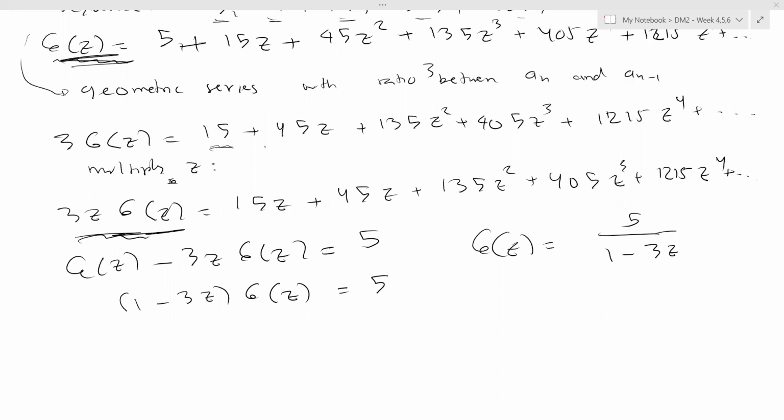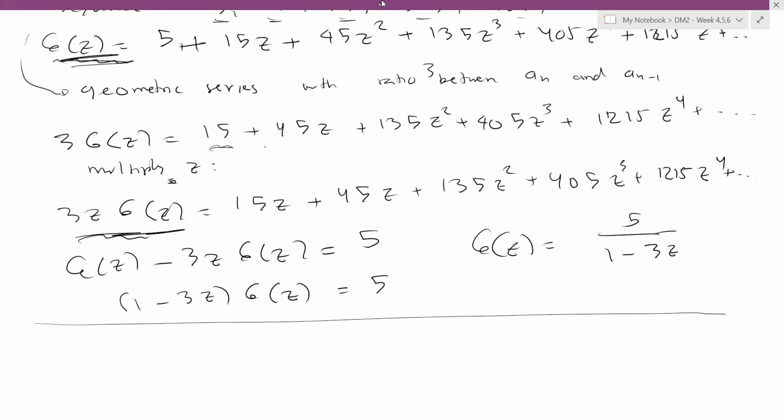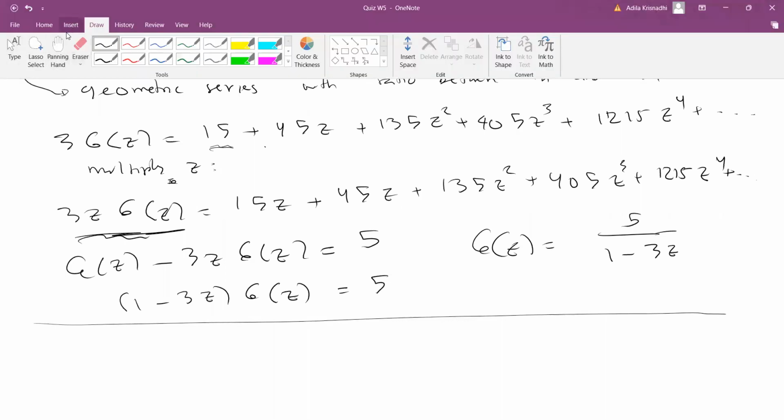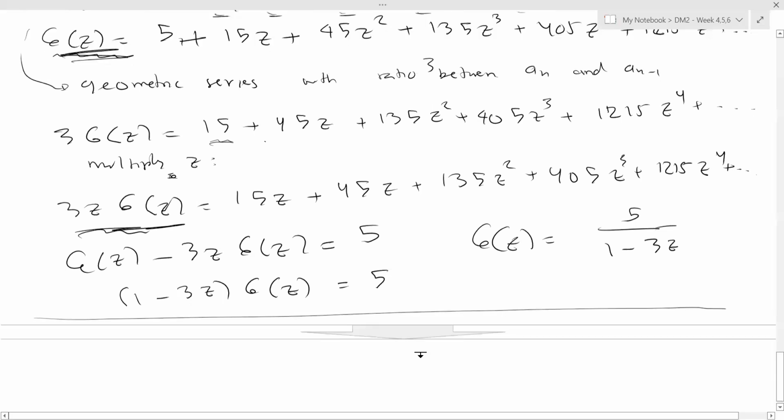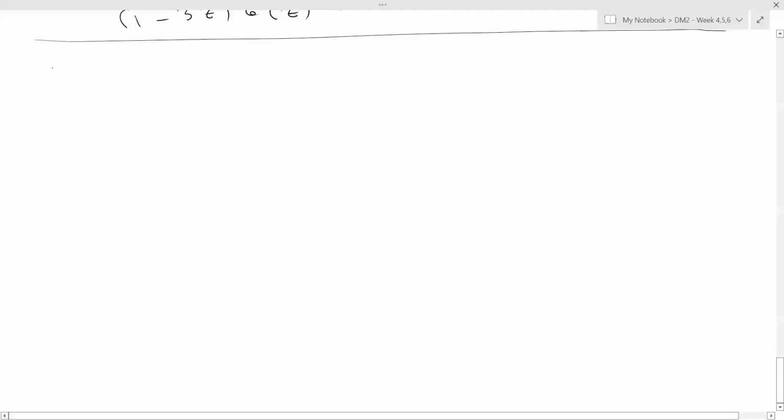So the next question is G(z) is 5 plus 5z plus 5z squared plus, no, this is the tricky part, z over (1 minus 3z) squared.